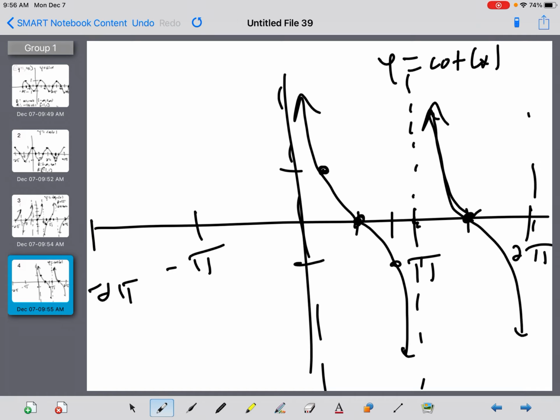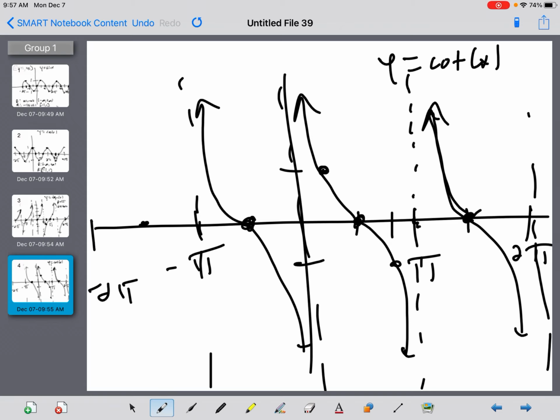Here it's negative, asymptote. Okay, again, over here, asymptote. Pi over 2, 0. Quadrant 4, it's negative. There it is. So this would be quadrant 4, quadrant 3. And then again, you have another cycle right here. So y equals cotangent x.